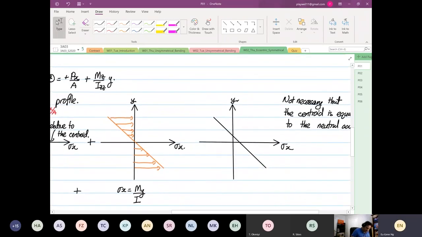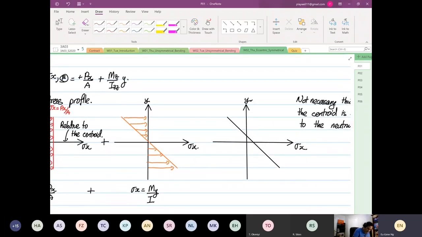There will be a shift towards the right. What we see above here will be in compression, and below that, this will be in tension.